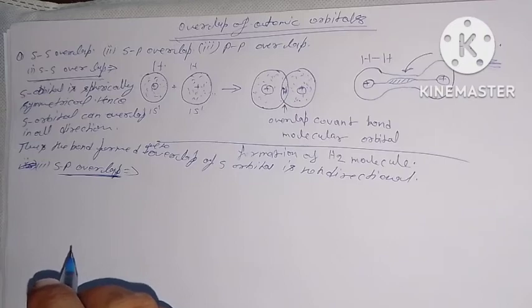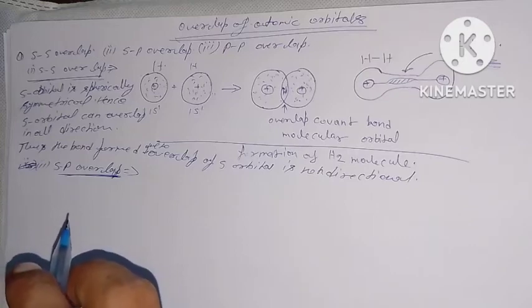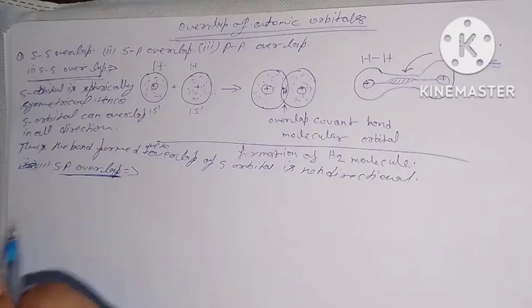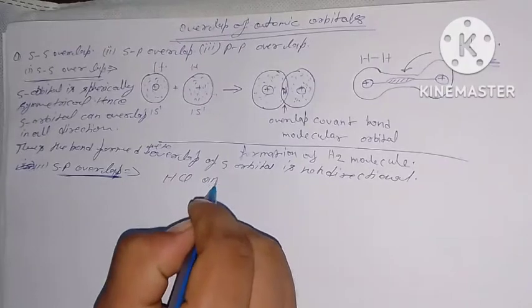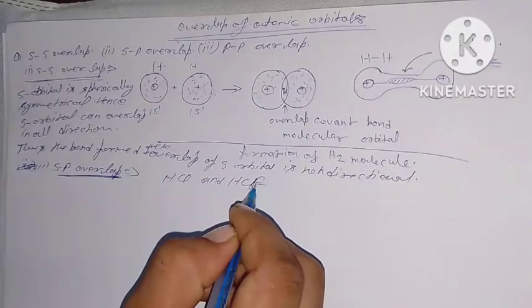The electronic configuration of fluorine atom is 1s2, 2s2, 2px2, 2py2 and 2pz1, and that of hydrogen is 1s1.